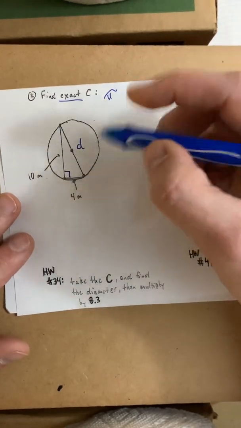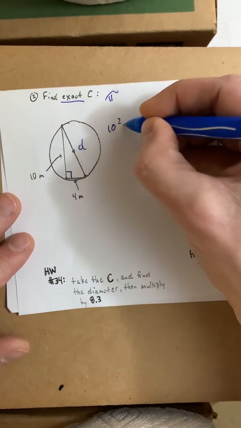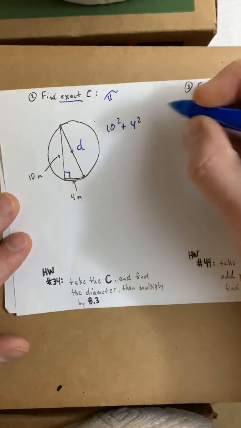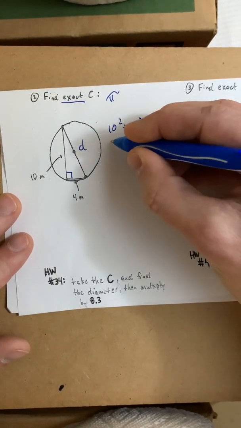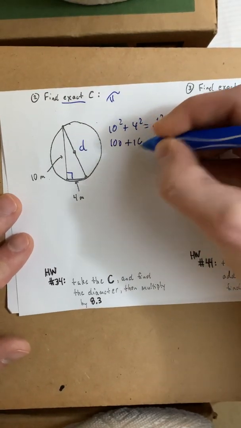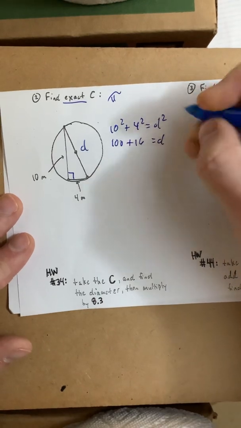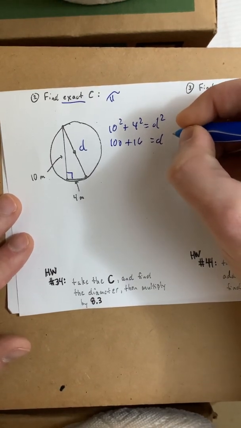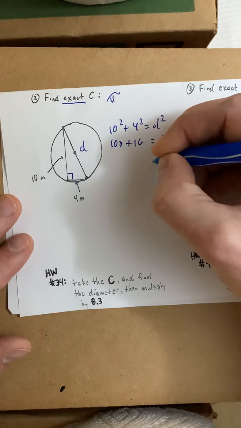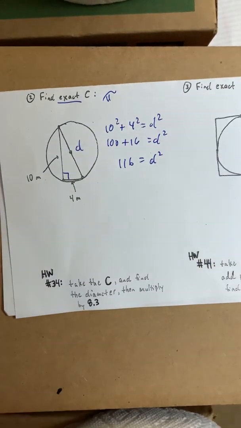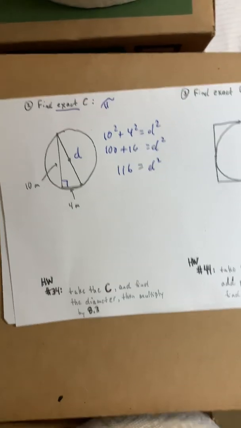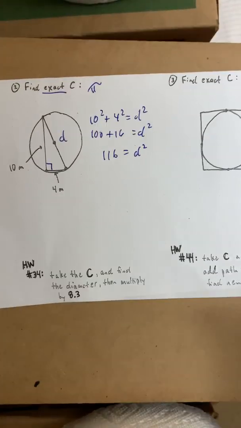Our legs are 10 and 4. Our hypotenuse is D. So if we do a little algebra work here with the Pythagorean formula, now, do we want to punch a square root out here?